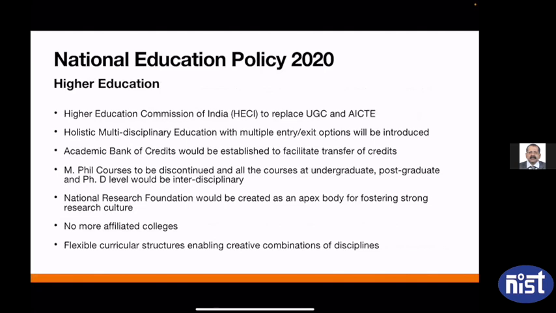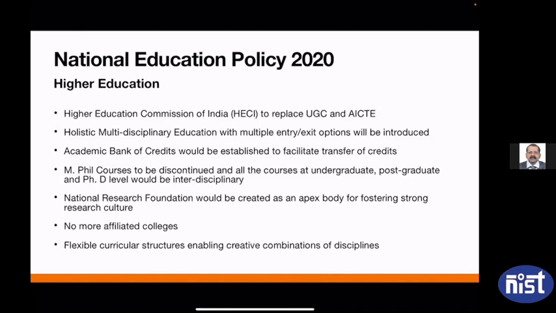Now, the policy talks of setting up a Higher Education Commission of India, which will effectively replace UGC and AICTE. There will be holistic multidisciplinary education, and another feature of this will be multiple entry and exit options, which I will show on one of the future slides.